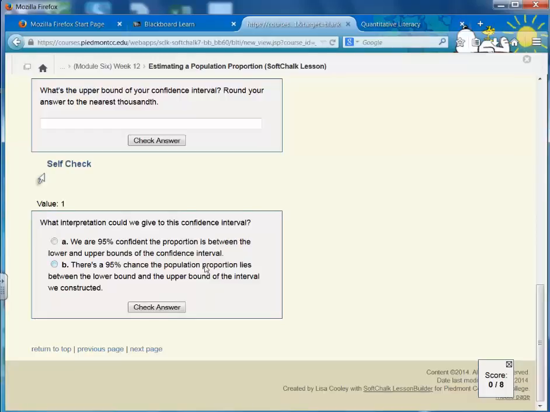The chance, the error, the variation is all associated with our sample. The population proportion just is what it is, and in our sampling process, we're generating an interval that we're going to use to estimate that proportion. And so there's no probability associated with that proportion for the population. It's the fact that in this particular interval, we're 95% confident that we've captured the proportion, so that the proportion is really between the lower and upper bounds of that confidence interval.